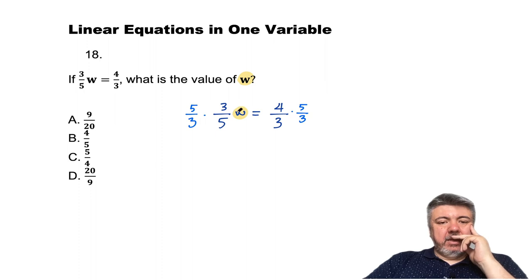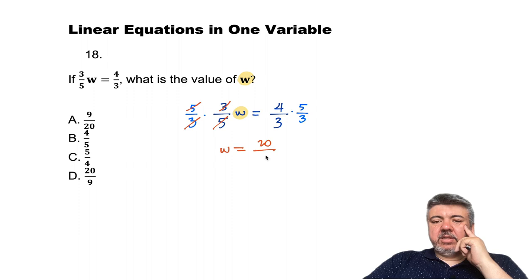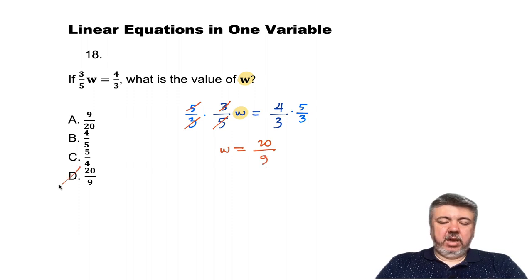After multiplying with 5 over 3, the 5's cancel and the 3's cancel here, and w is on the left. Now it is 20 in the numerator and 9 in the denominator, choice D.